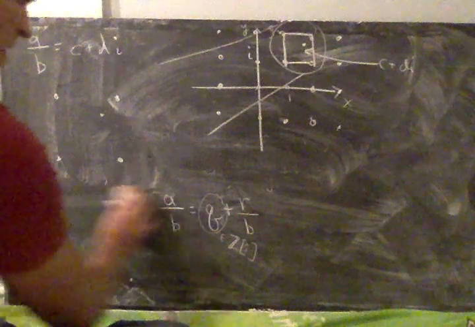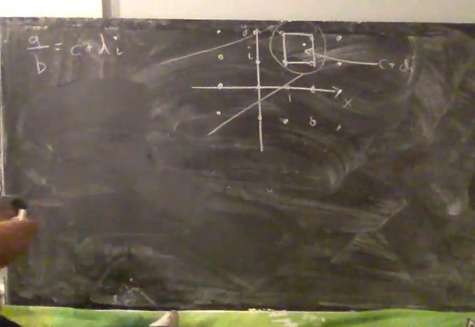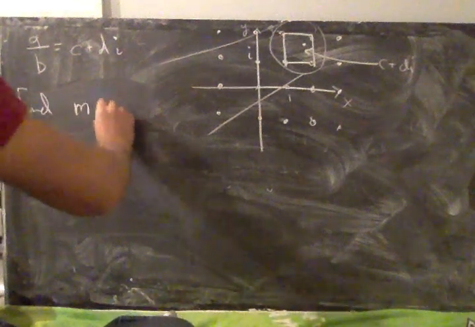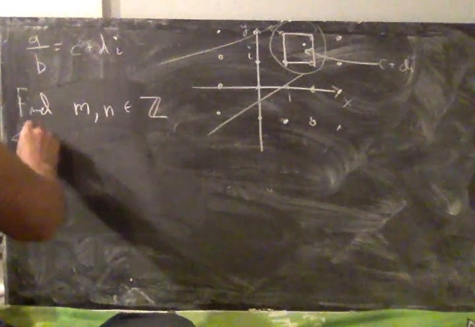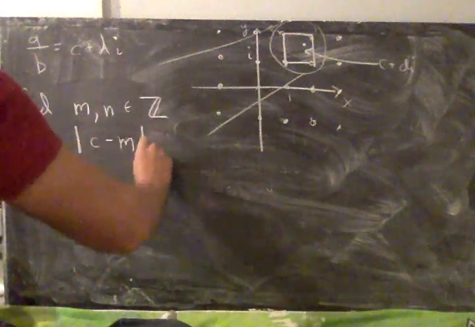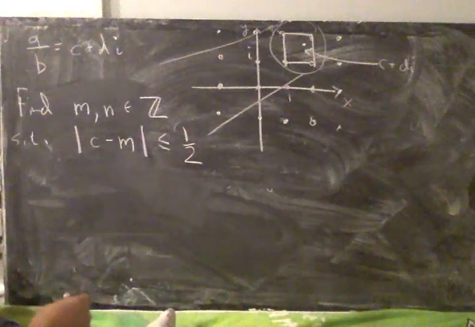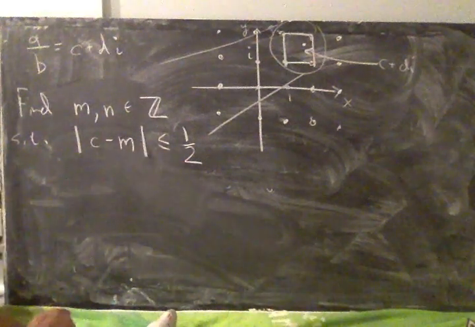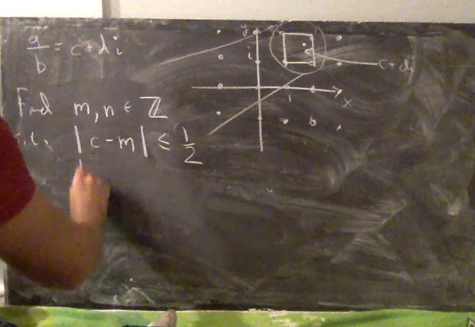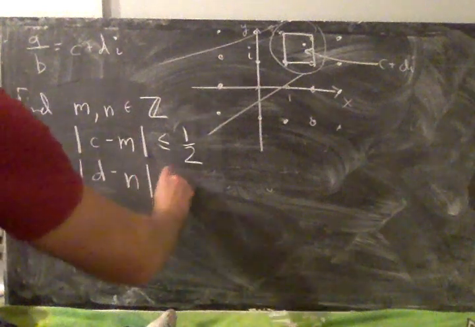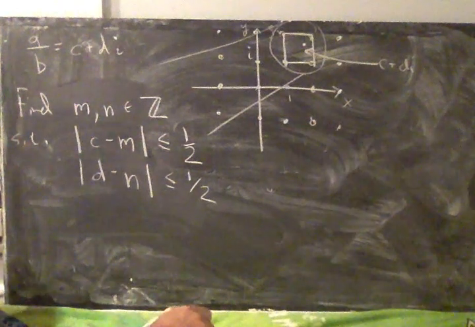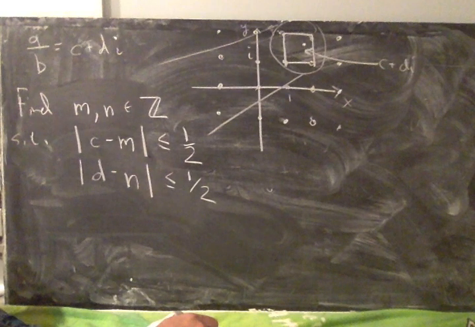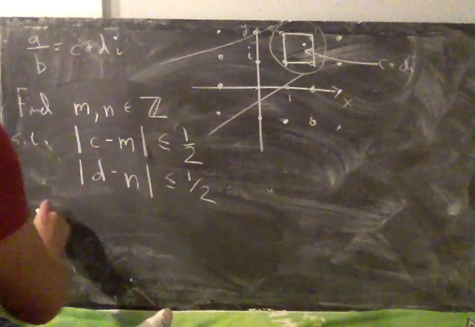But in either case, we can find m and n in Z such that the distance between C and m is less than or equal to 1/2. It's basically just the closest integer to C. There's got to be one at least no more than a distance of 1/2 away from it. And the distance between D and n is less than or equal to 1/2 as well. So those are the integers, maybe not unique, that are closest to C and D.